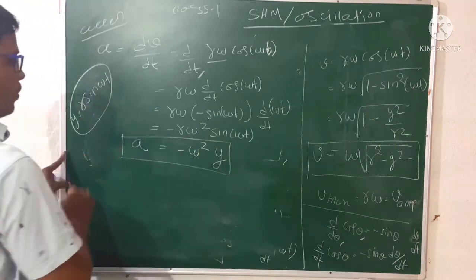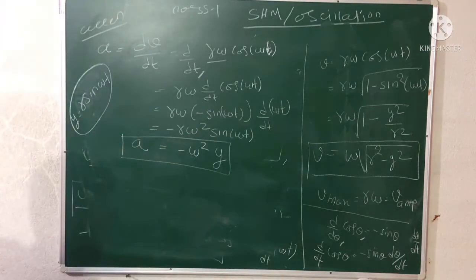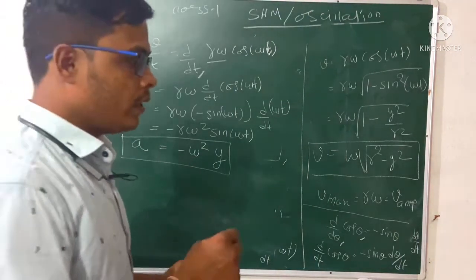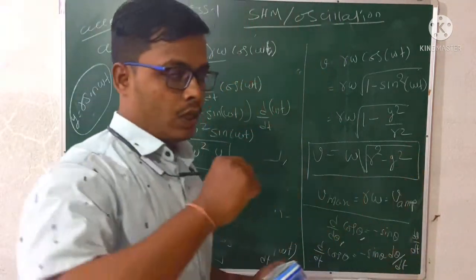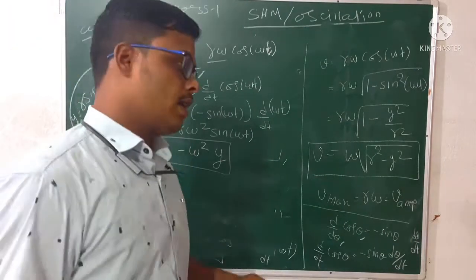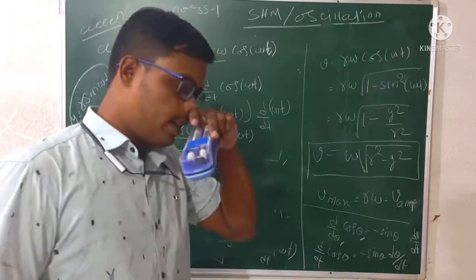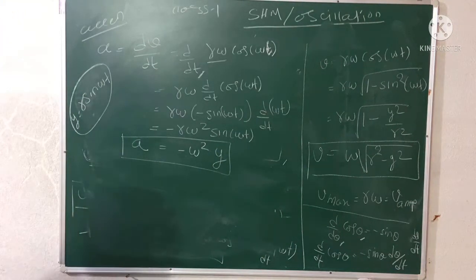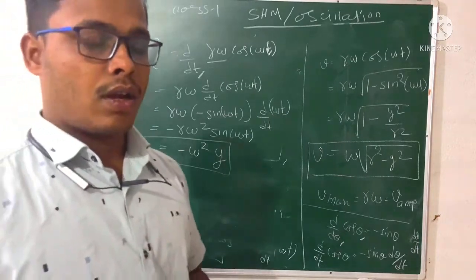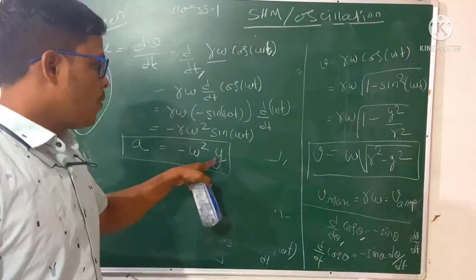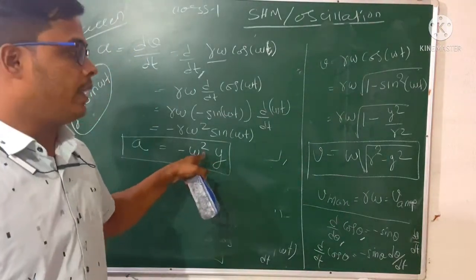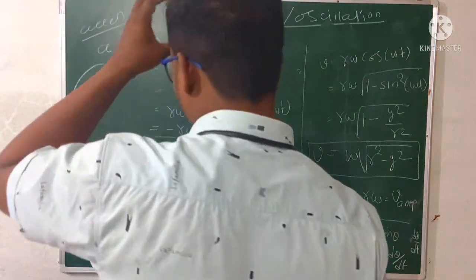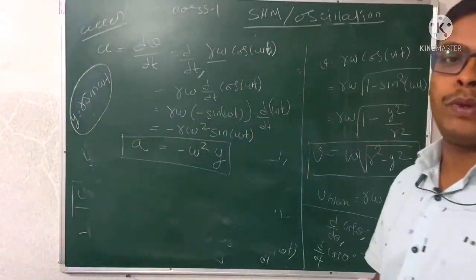One negative sign is there. That negative sign means when you are moving upward, that will be the negative side, and when you are moving downward, towards the mean position, that will be positive. I will discuss the sign convention for y. So this is the acceleration of simple harmonic motion.